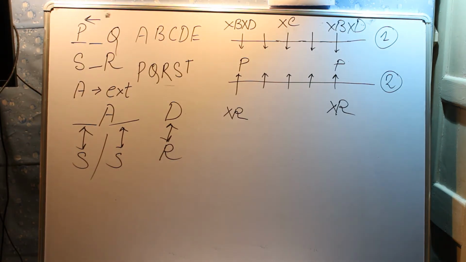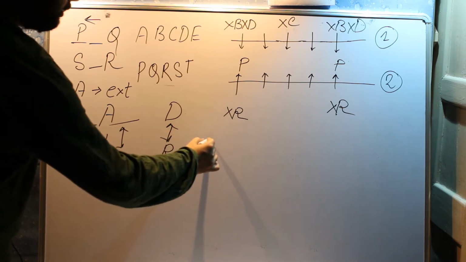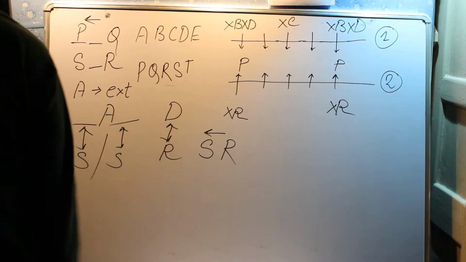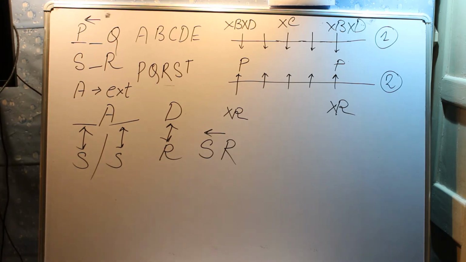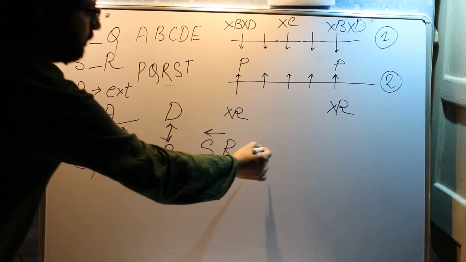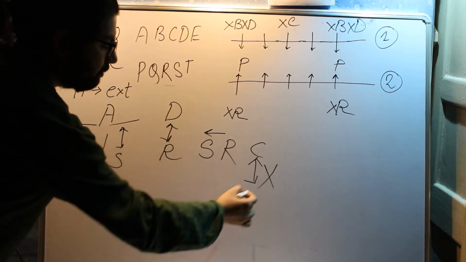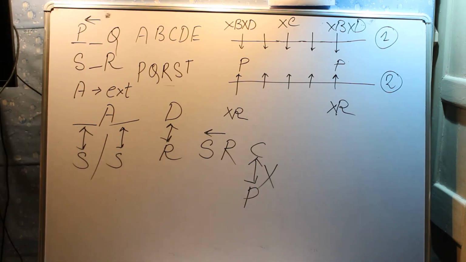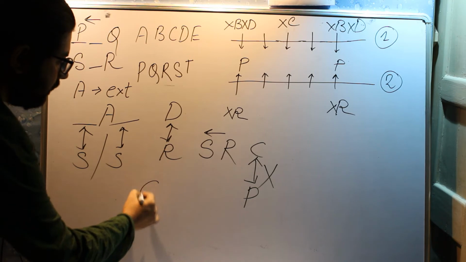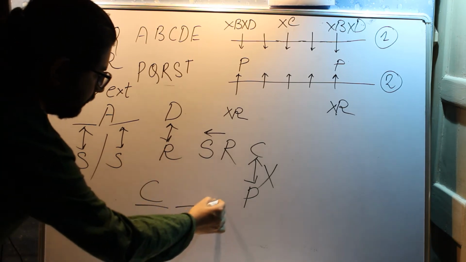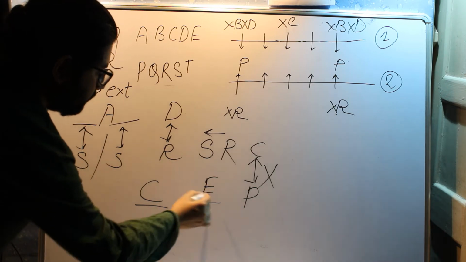S is to the left of R. S is going to be seated left of R. C does not face P. E is second to the right of C. First, second.